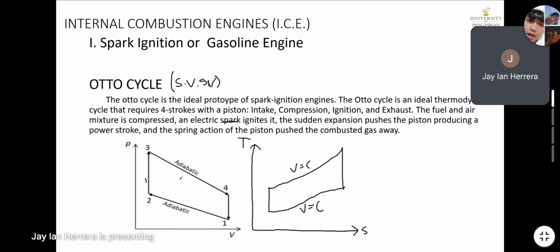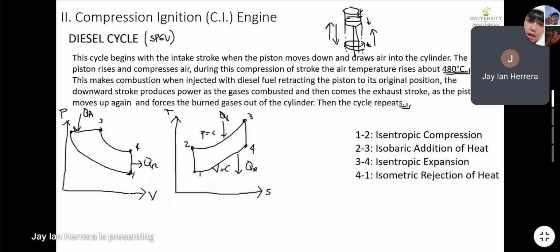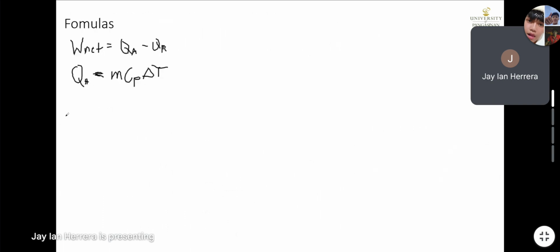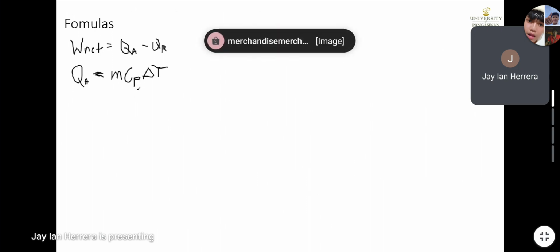So ang ating QA sa auto is MCV delta T, kung maalala nyo nung Monday. So since sa diesel, nag-add tayo ng heat in isobaric process, naging MCP delta T or mass times the specific heat under constant pressure, then delta T.